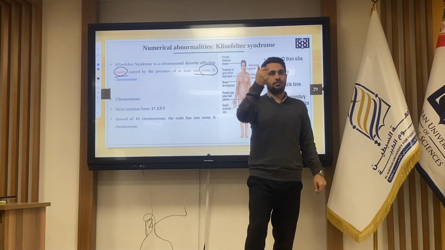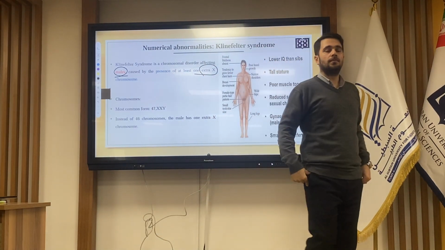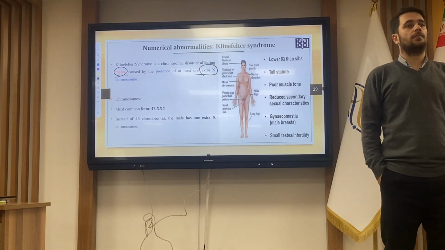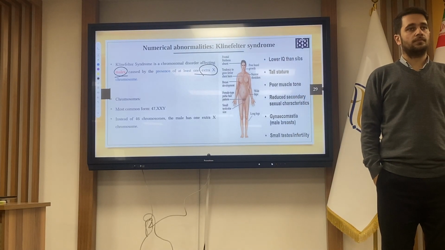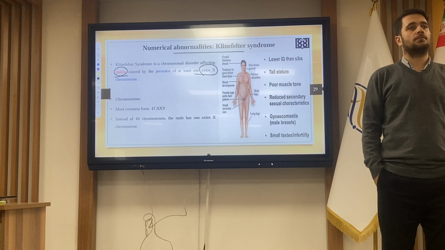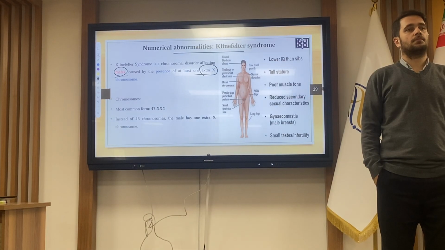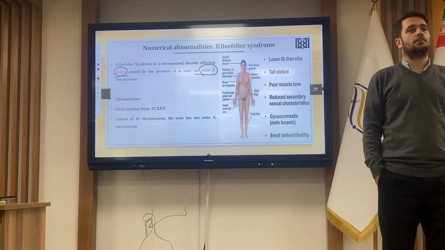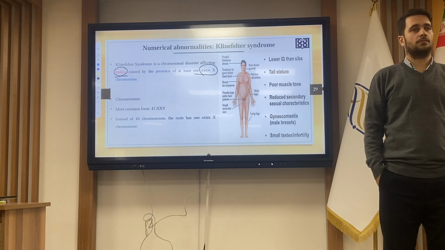I told you. Basically, if a boy comes with excess X chromosomes, they would have gynecomastia and produce reduced secondary sexual characteristics. But usually not all of his somatic cells are fully XXY.